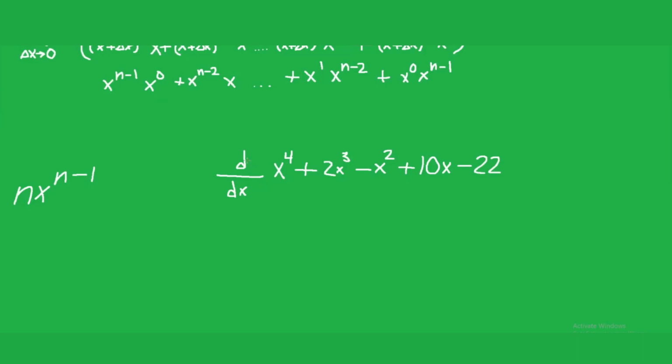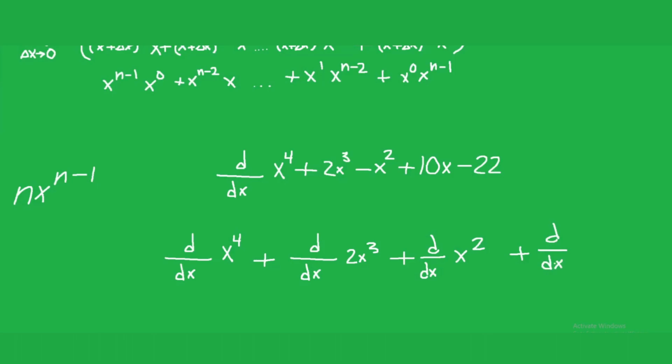So what I'm doing here is I'll take this, copy, paste, plus 2x cubed, d over dx of x squared, d over dx of 10x.